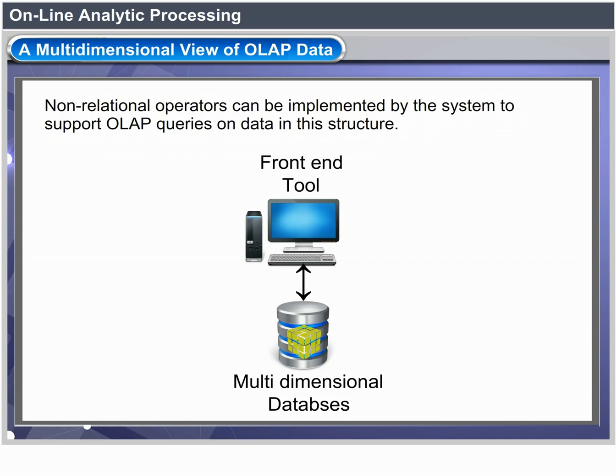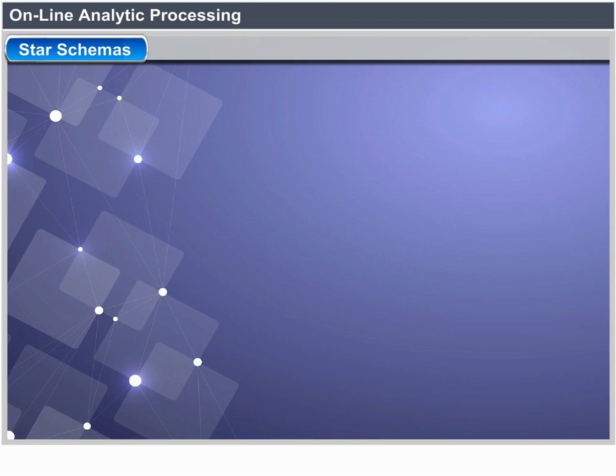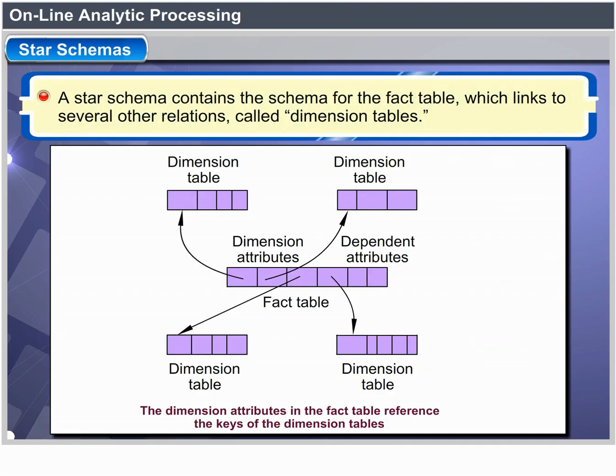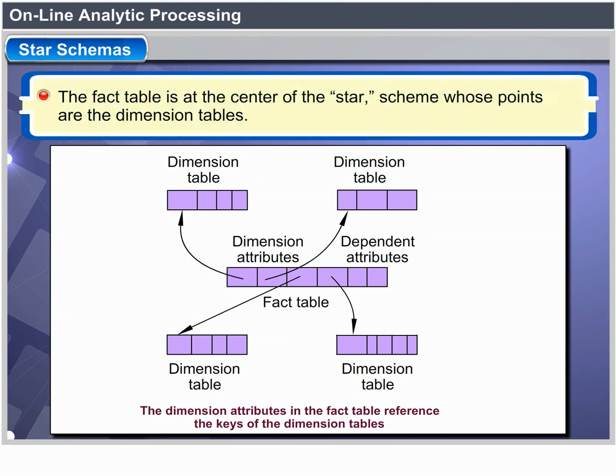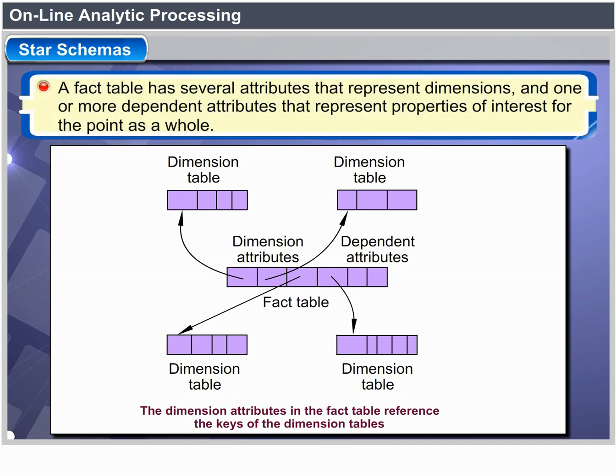Star schemas. A star schema consists of the schema for the fact table, which links to several other relations called dimension tables. The fact table is at the center of the star, whose points are the dimension tables. A fact table normally has several attributes that represent dimensions and one or more dependent attributes that represent properties of interest for the point as a whole.